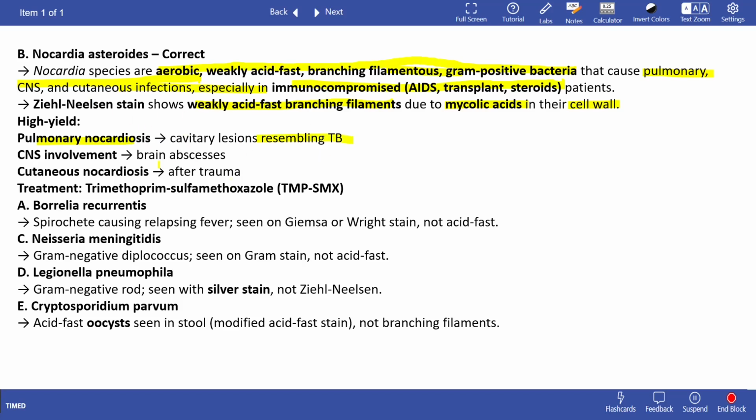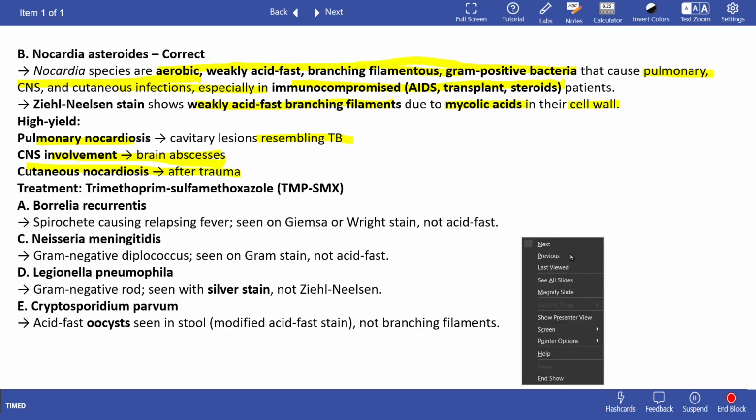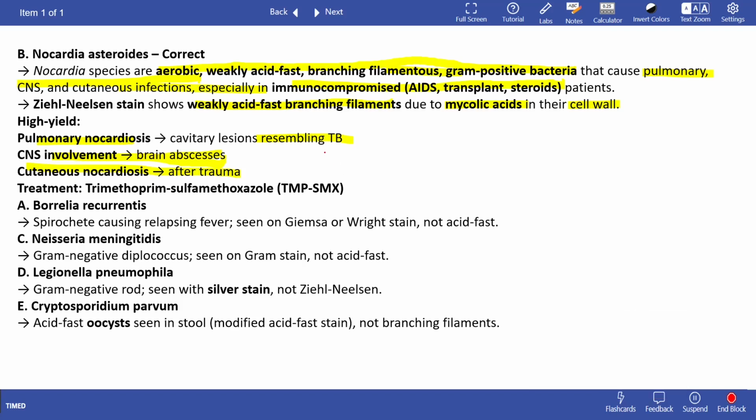It is limited to the pulmonary system, but if this is uncontrolled, it can spread to the CNS, causing brain abscesses. Cutaneous nocardiosis occurs due to the bacteria entering the skin after any trauma and can cause a cutaneous lesion. And it is treated by TMP-SMX.